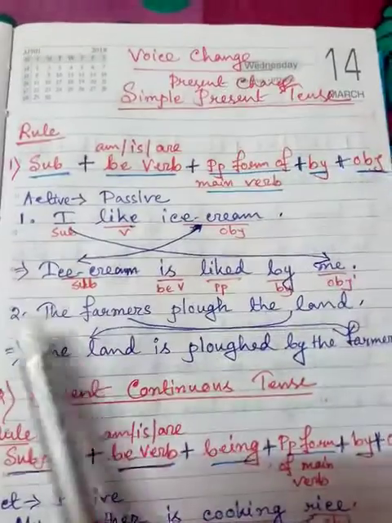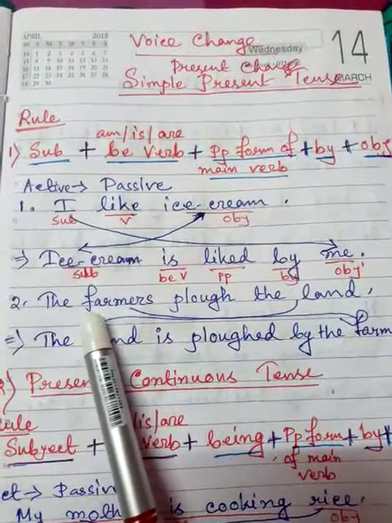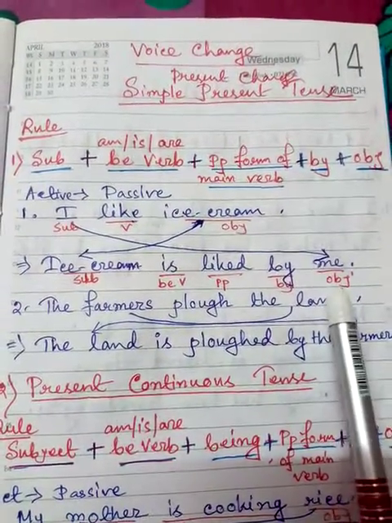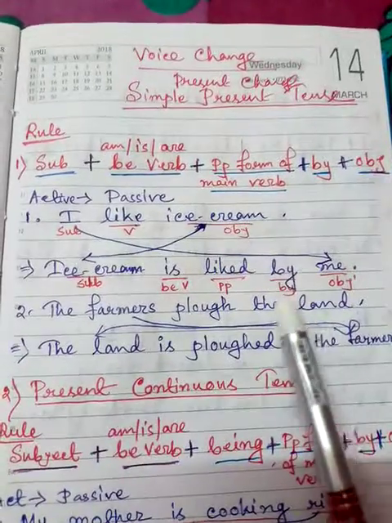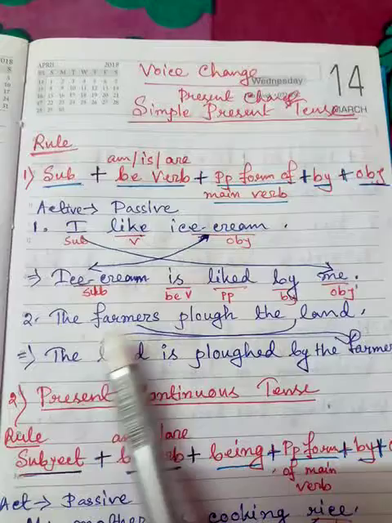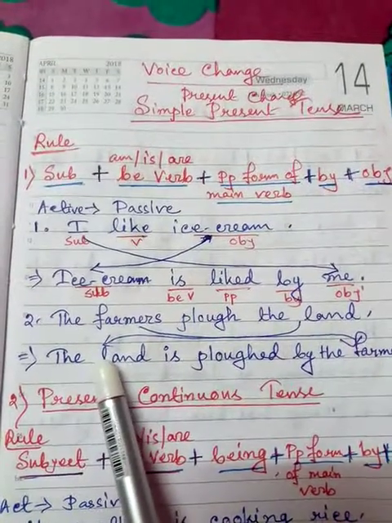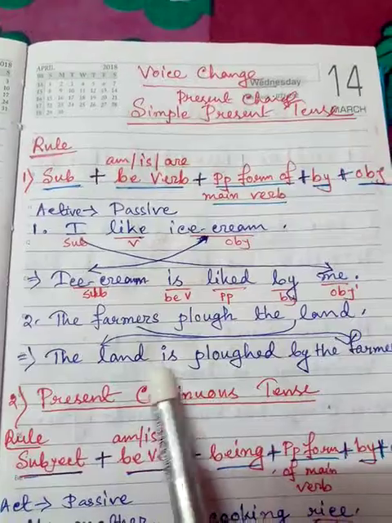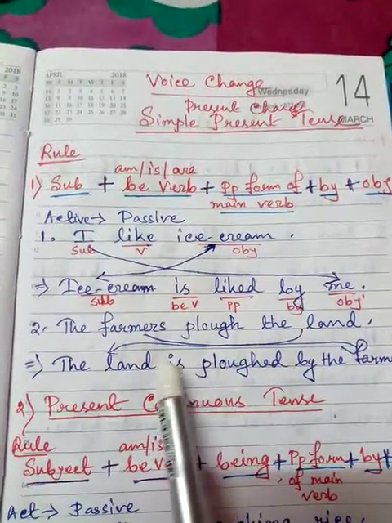Okay, next look at the second sentence. The farmers plow the land. So the answer is, the land is the object in this sentence, so the object will become subject, the land. Next, what will we write? A be verb. Which be verb should we write here?